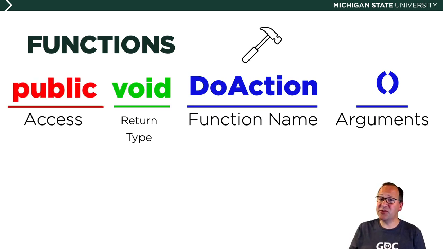And you can also optionally set the access modifier of the function to things such as public or private, depending on how widely you want the function to be accessible. If the function is set to private, it will only be accessible within the class. That is, it can only be called within the class. If it's set to public, then you can call it from outside the class.